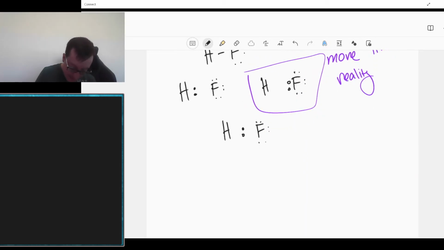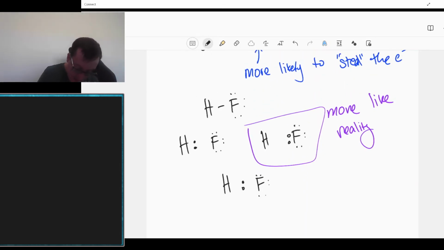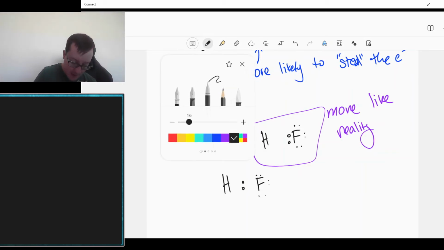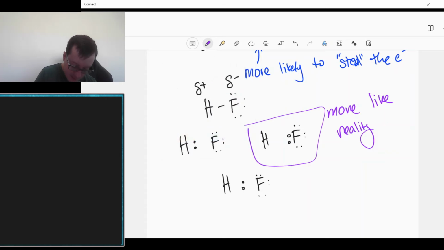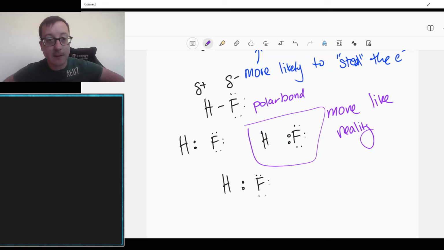And we're going to see that in HF, the fluorine, because it's going to have electron density a little bit more, is going to be a little bit negative, which means the hydrogen is a little bit positive. And we call this a polar bond because it has a positive end and a negative end. It's polar. It's got poles. So it is a polar bond.